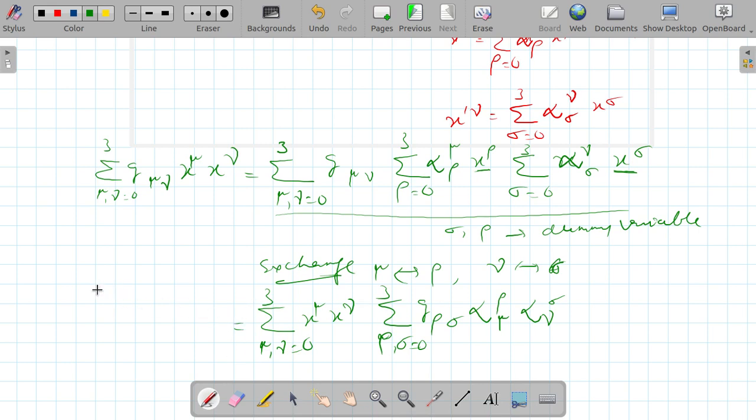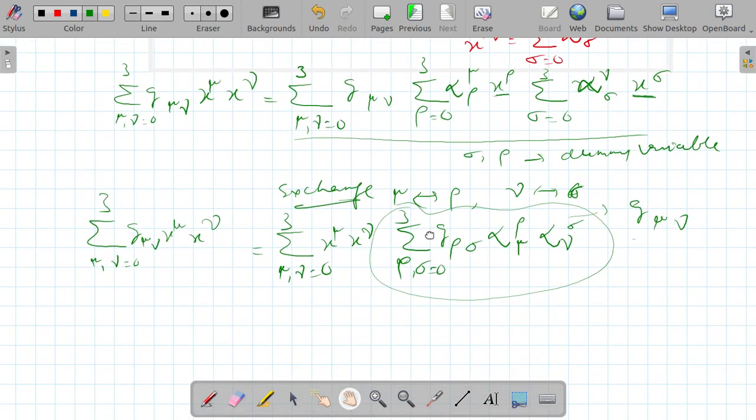So that means g mu nu x mu x nu, with mu nu varying from 0 to 3. This is possible if and only if this part is equal to g mu nu, right?